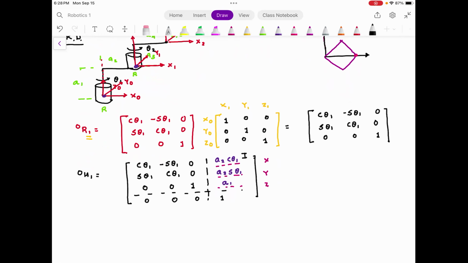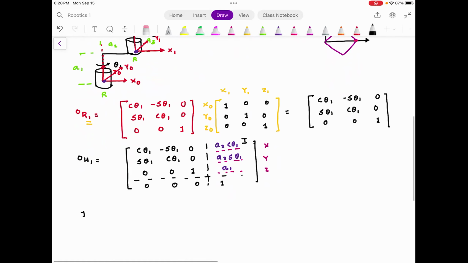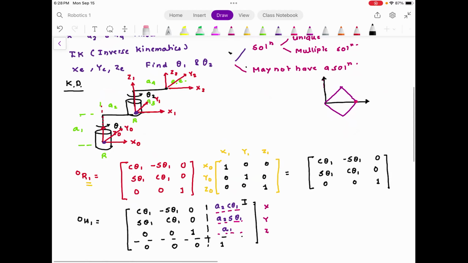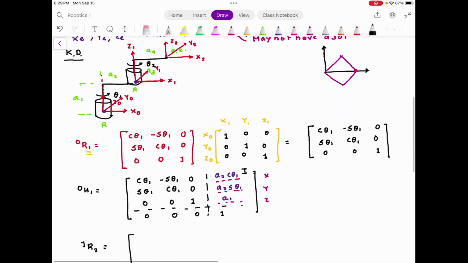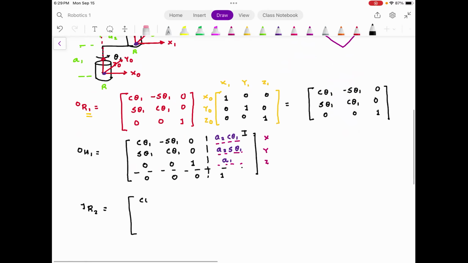Now I'm going to carry out the same thing. Now I would go with 1R2. Again, please understand, our rotations are about the Z-axis. So I can go through the same process. Cosine theta 2, minus sine theta 2, 0, sine theta 2, cosine theta 2, 0, 0, 0, 1.